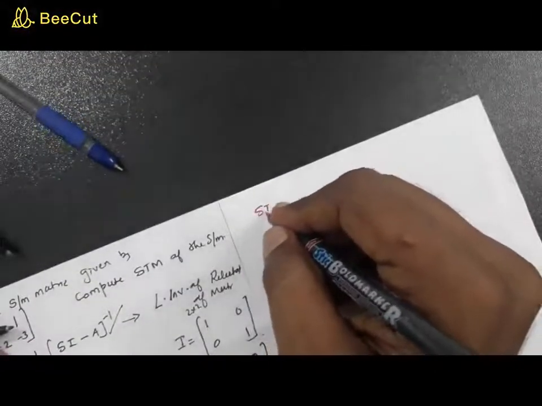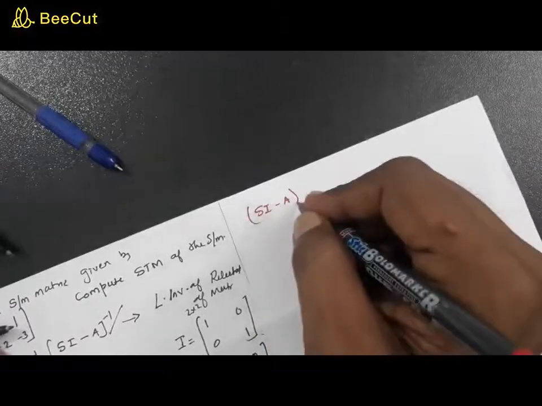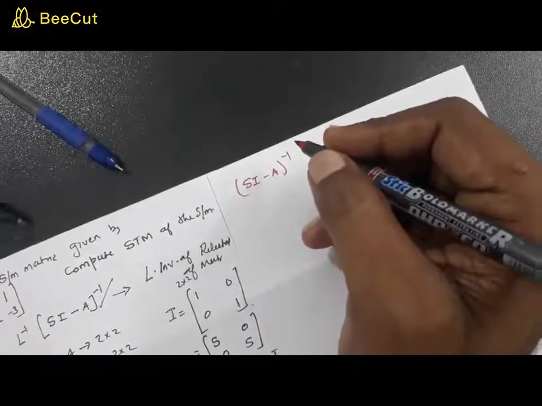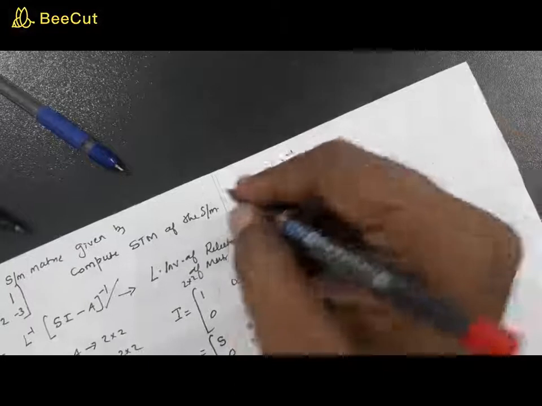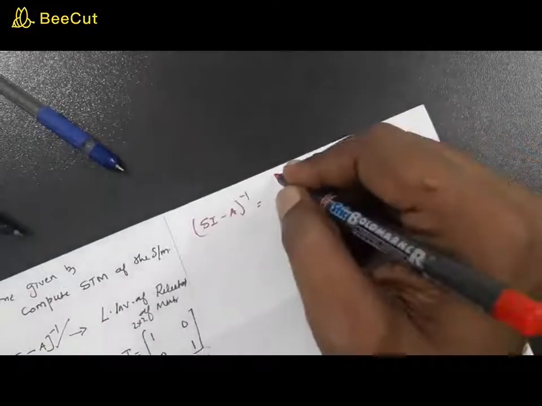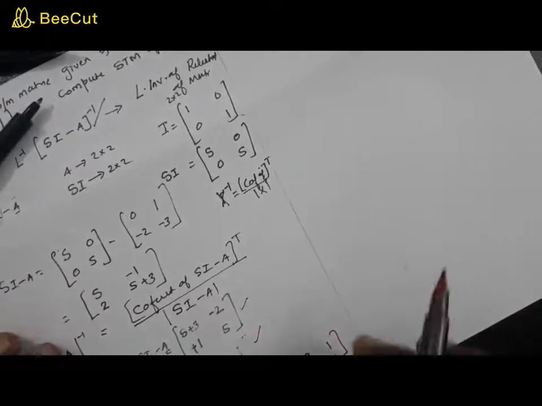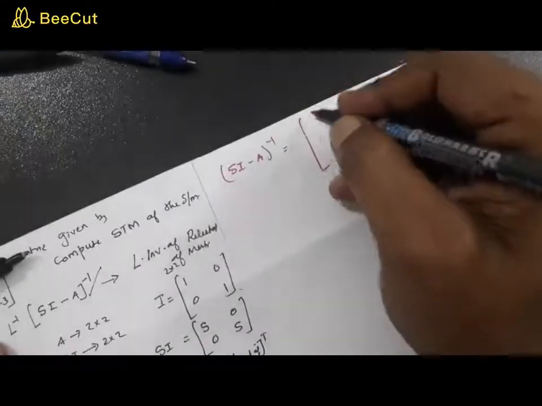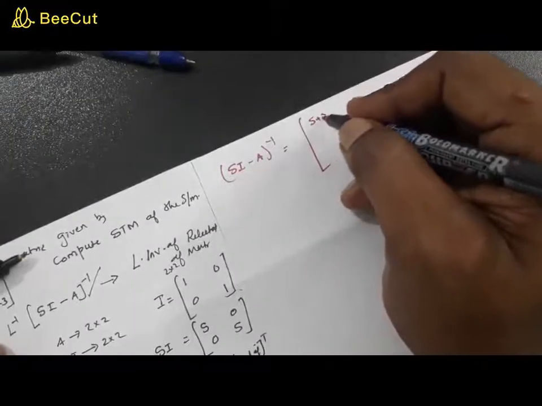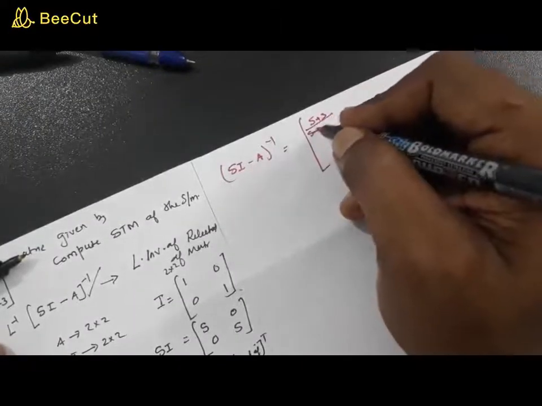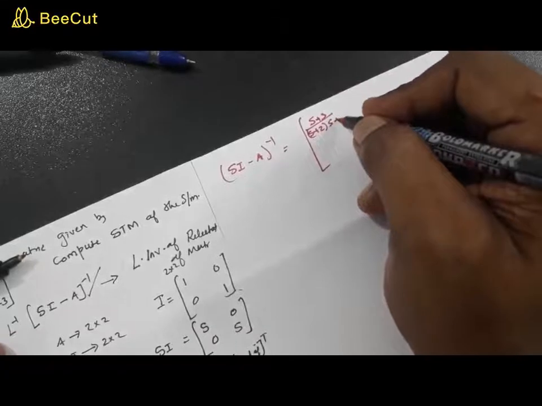So (SI minus A) inverse, which is what you want to find to get e raised to At, the STM, is given by this. The determinant value can be taken inside the matrix, so that this term will be S plus 3 by S plus 2 into S plus 1, right?